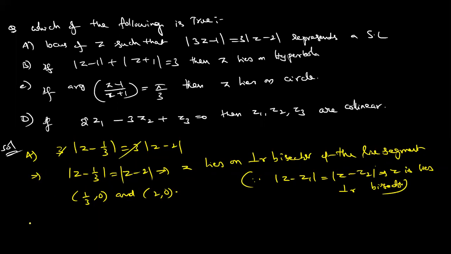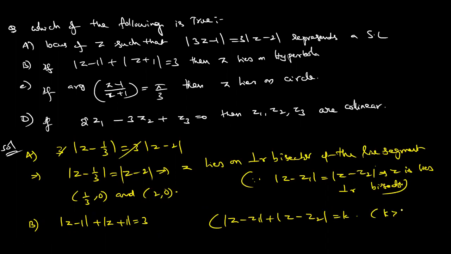What about option B? Let us see. What is option B here? Modulus of z minus 1 plus modulus of z plus 1 is equal to 3. Dear students, what is the property of ellipse and hyperbola? Anyone remembering? I'm writing the property for you. Of course, here plus is given, equal to k. k should be greater than modulus of z1 minus z2, then only the locus is an ellipse.